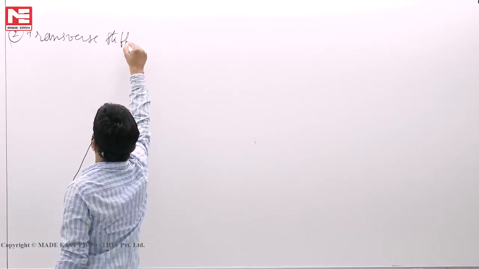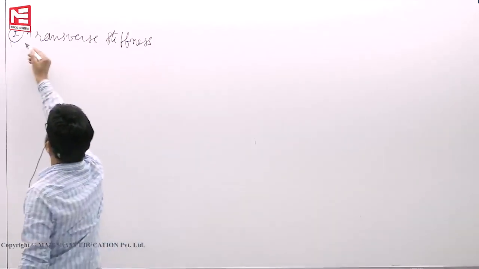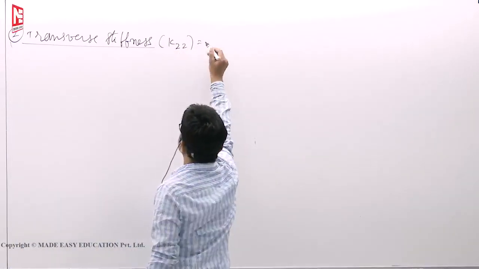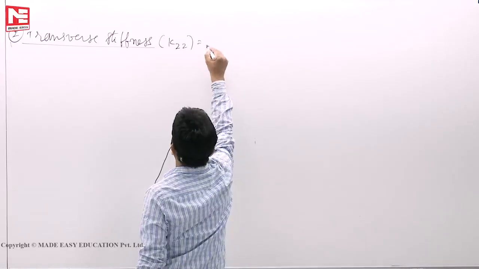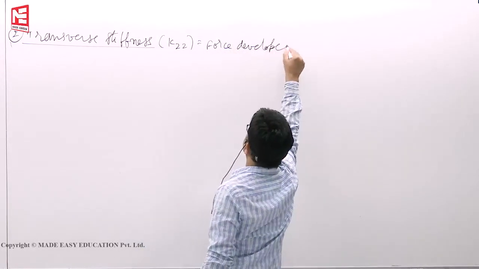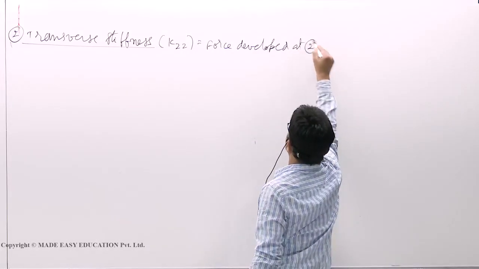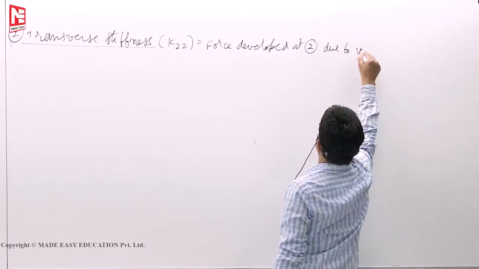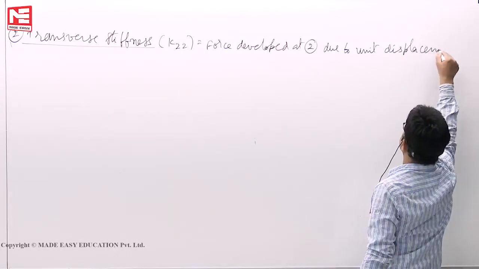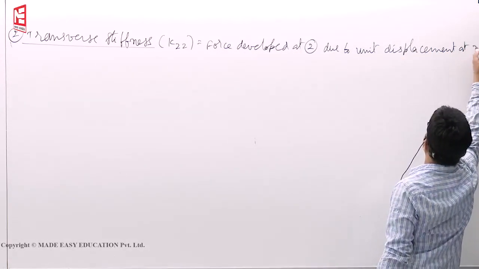Transverse stiffness, we call it K22. How we read is: force developed at 2 due to unit displacement at 2.